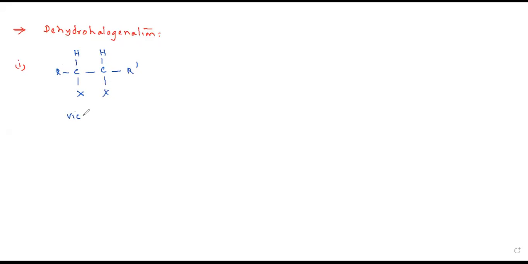So this is a vicinal dihalide in the presence of base. Now H plus is abstracted, bond comes here, this will go off. We'll get a vinyl halide.